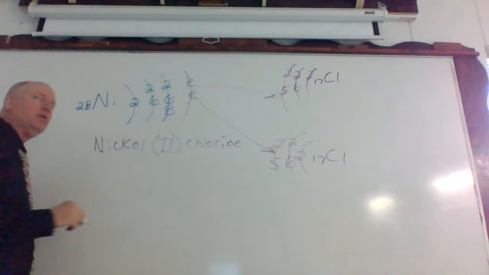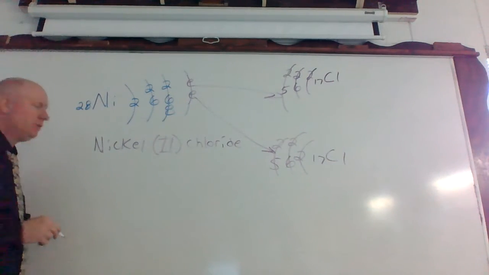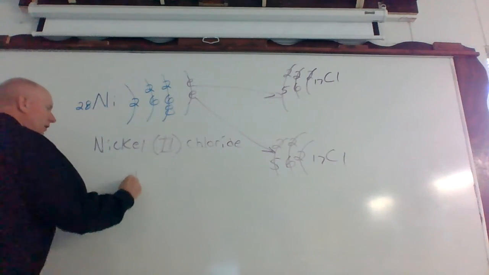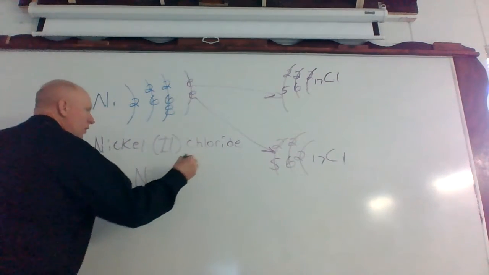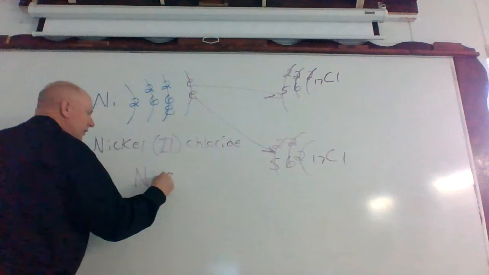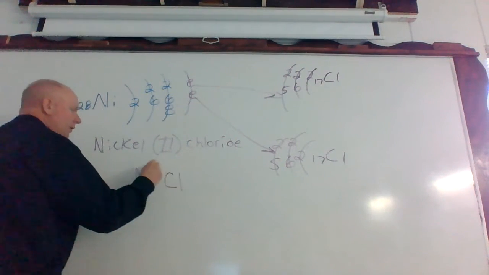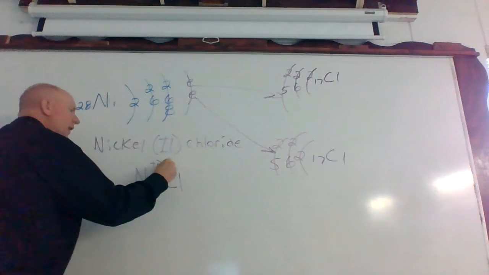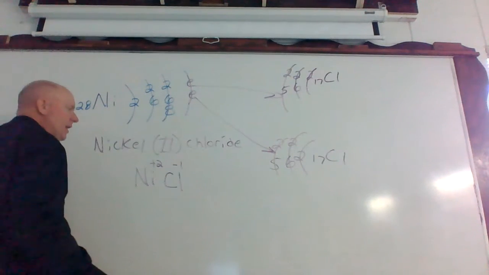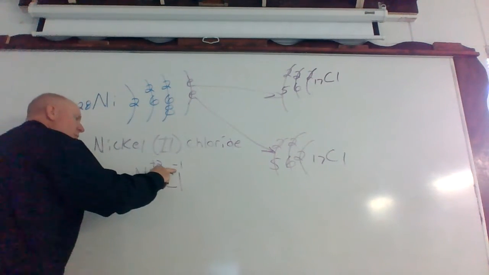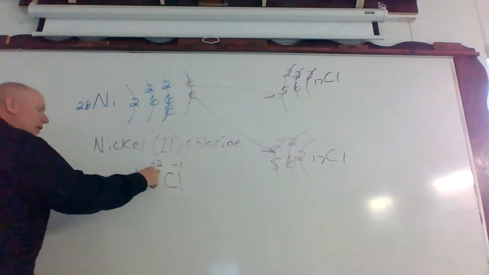Now, but not you people. You won't do this. We know the symbol for nickel is Ni, okay? So then we know the symbol for the chloride ion is Cl. So since this is a plus 2, that's a minus 1 for each one of those electrons that was given up. The least common multiple is 2. 2 divided by 2 is 1.